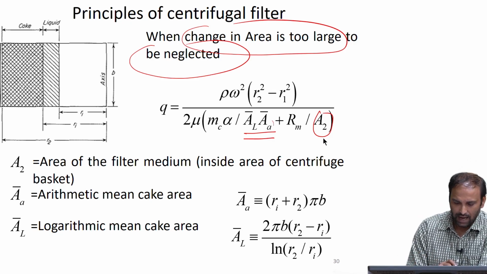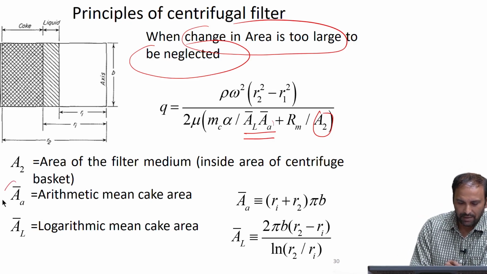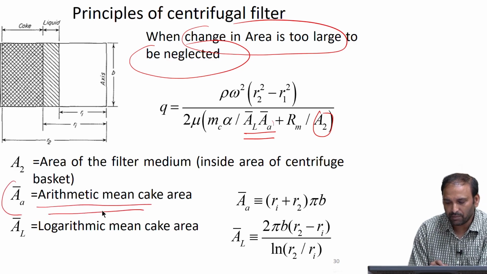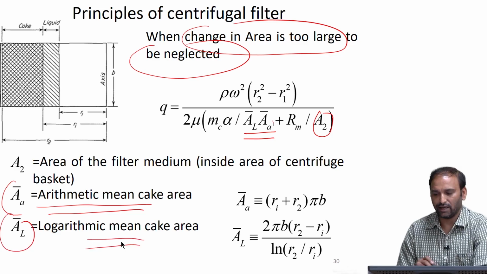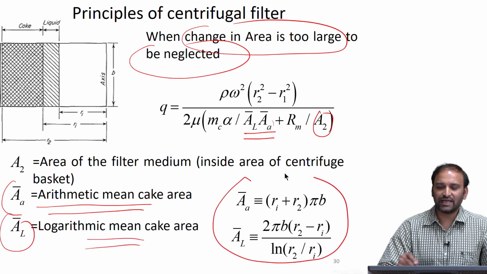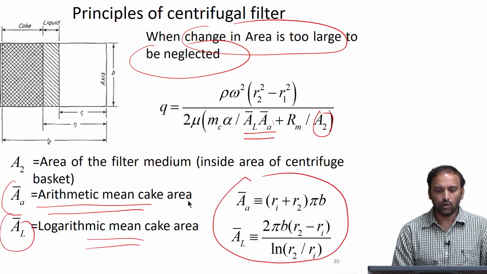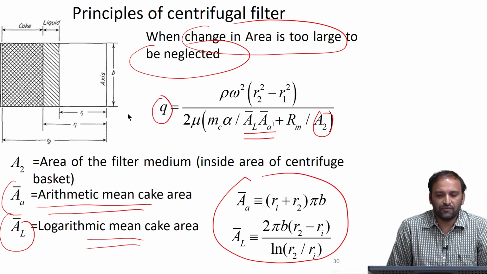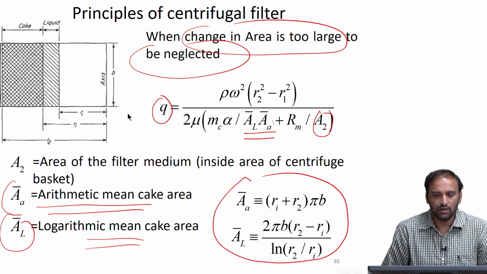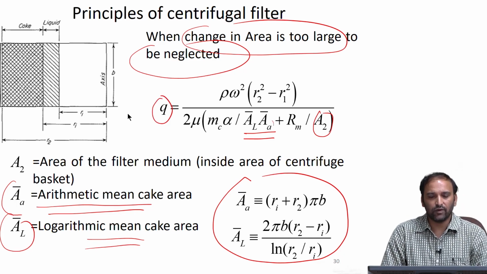AA bar is what is called the arithmetic mean cake area, and AL is what is called the logarithmic mean cake area. So, these areas better capture quantitatively how the Q changes during the course of the filtration process.